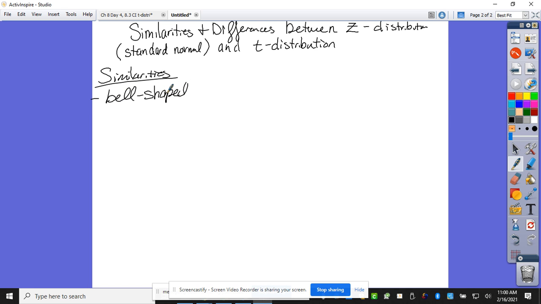Which I could say a couple different ways. They're bell-shaped. What else? What are some other words that we usually use at the same time we use bell-shaped? Symmetrical. Unimodal. We always relate, and I don't think y'all come up with this one on your own, but you do know this because we use it all the time.